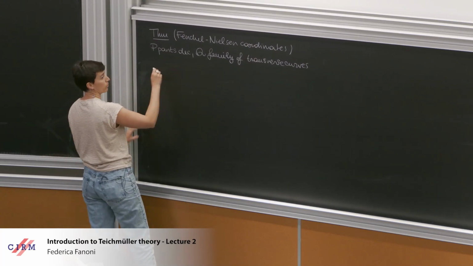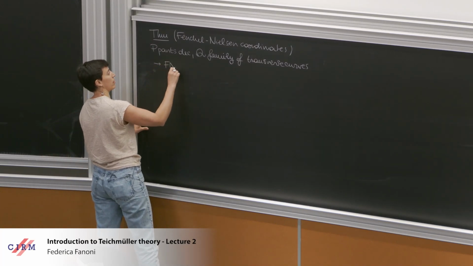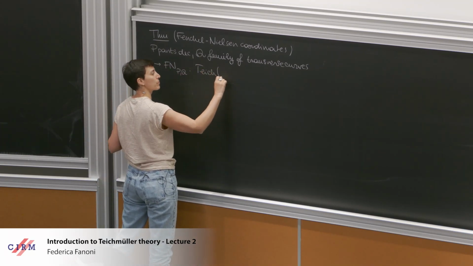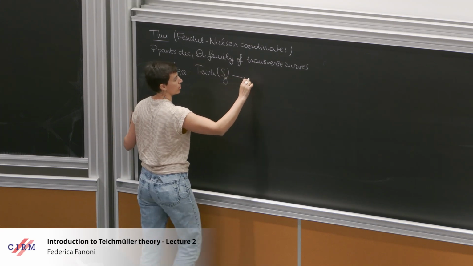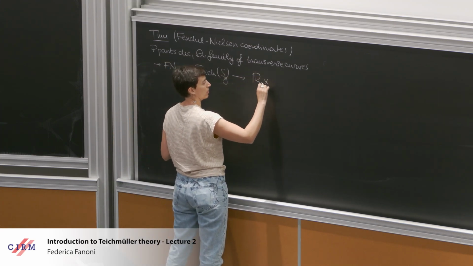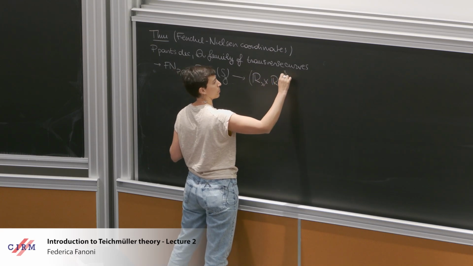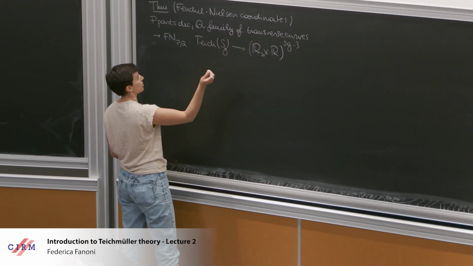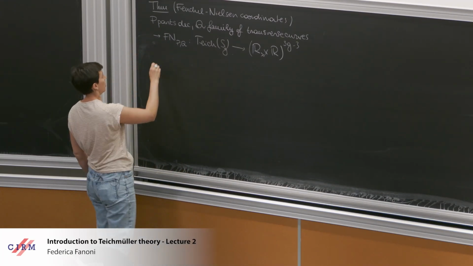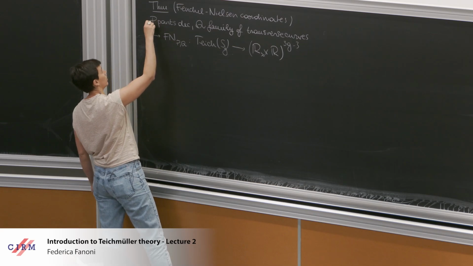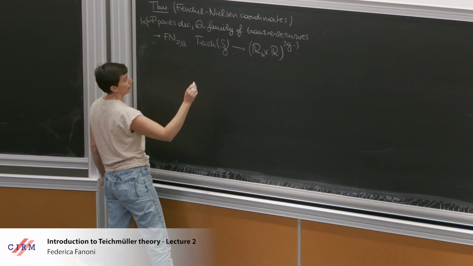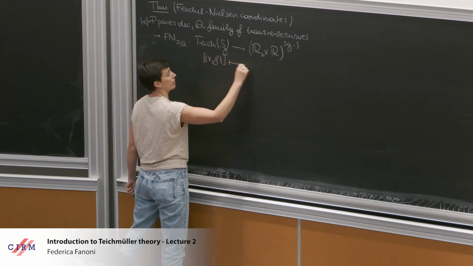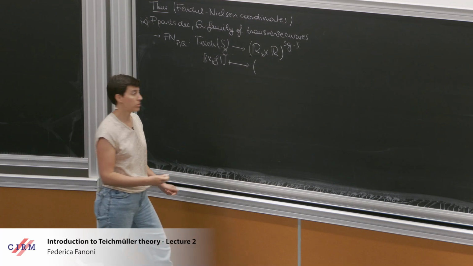And then we knew that there was a bijection between Teichmüller space of a surface of genus g and R positive times R to the power 3g minus 3, where the map was: I have my pants decomposition, that's the alpha i's, and to each surface here, I associate the length of the curves and the twist parameters.